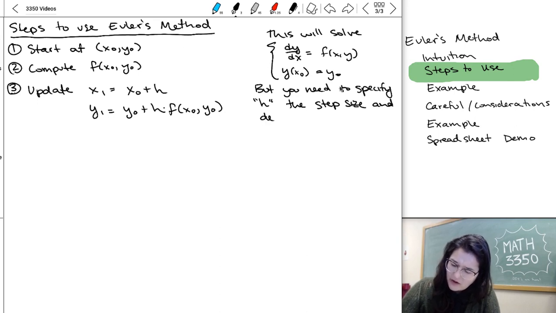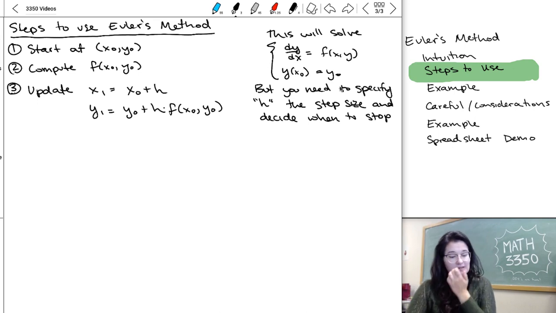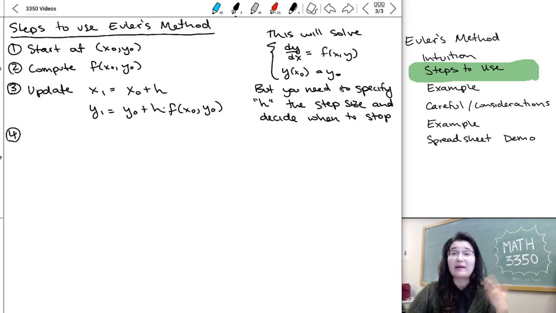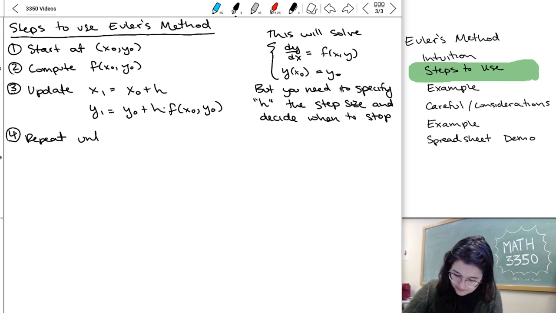And then eventually we're also going to have to decide when to stop. That's step 4, is we're actually just going to repeat this process until you reach that point where you want to stop.